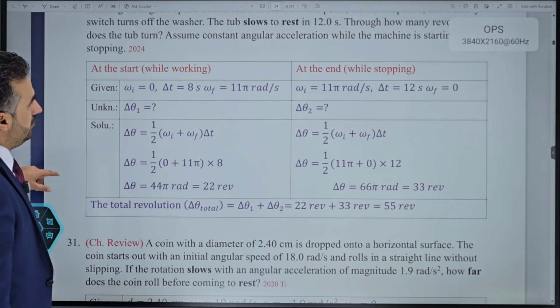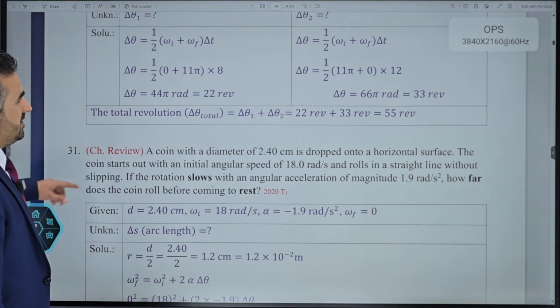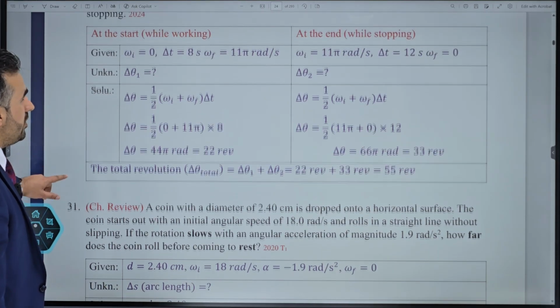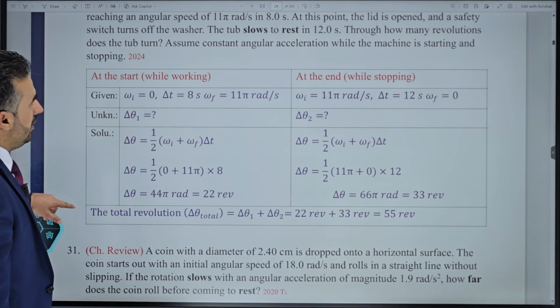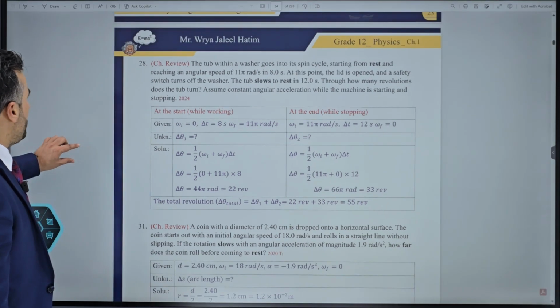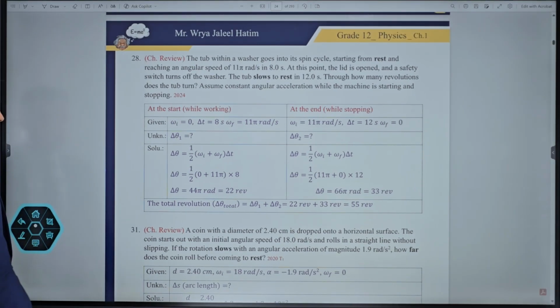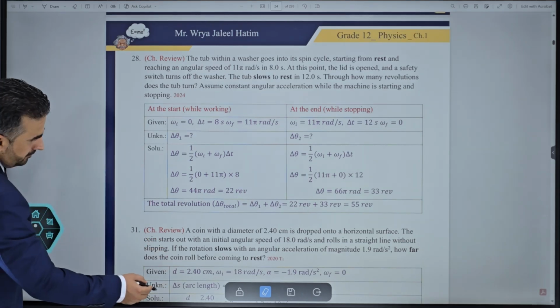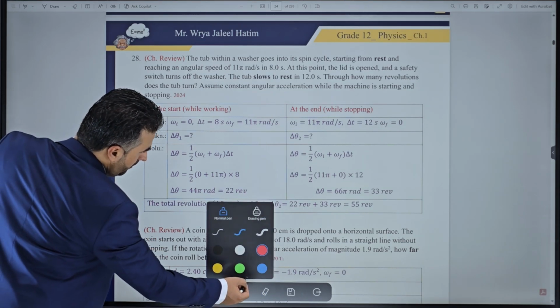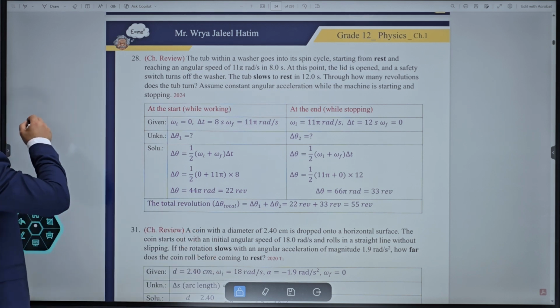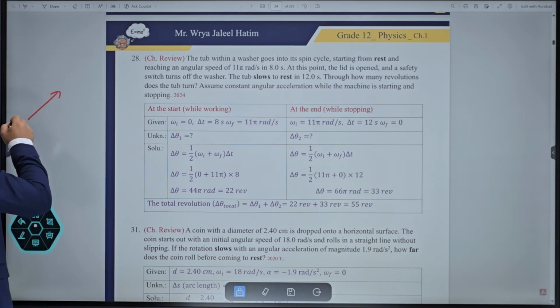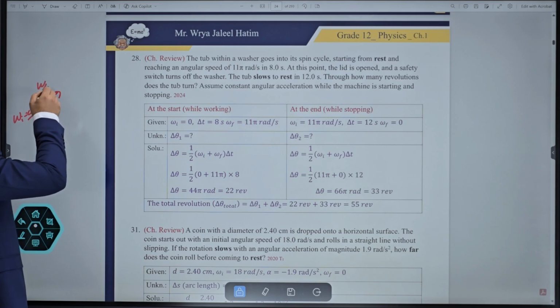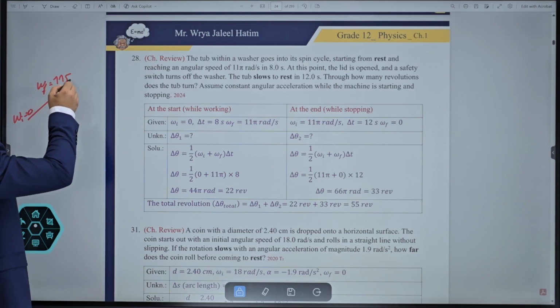All right, now moving next, and this is the solution here, but there's one thing I want you to do. Find a space here, and you can draw the diagram that I just did for you here. So starting from 0, let's say during speeding up, omega initial is 0, final would be 11 pi radian.